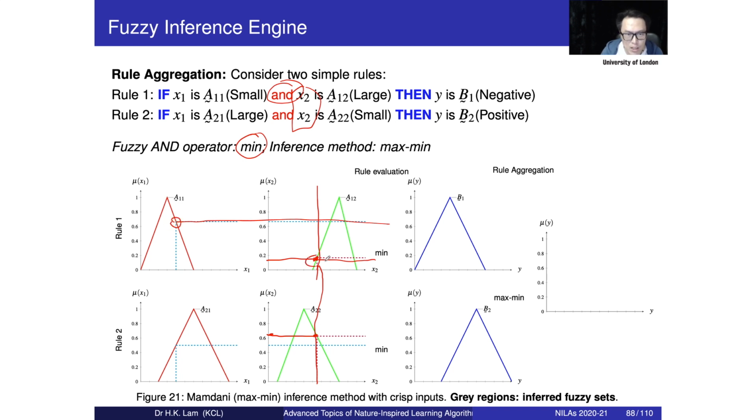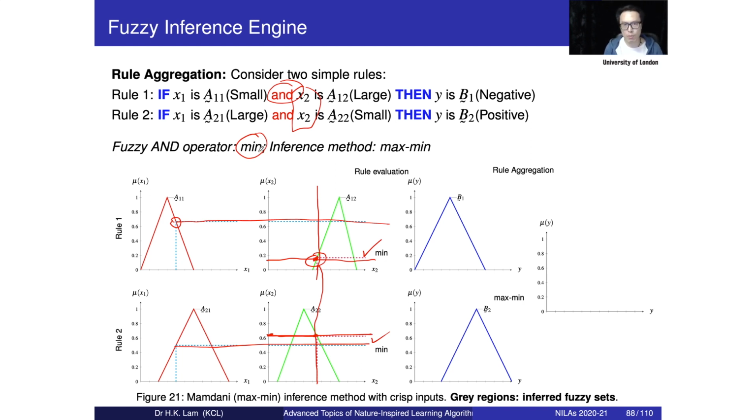That means I pick this one, because this is the membership grade for rule 1. Then the same for rule 2: draw a vertical line, a horizontal line, and pick the minimum value between these two, just like what we did before when handling the AND operation. So this is about the AND operator.